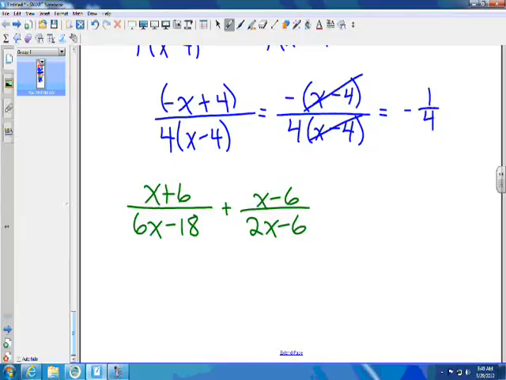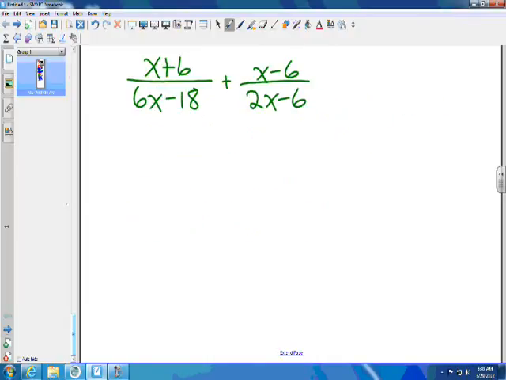What'd you do? Put the fraction on. Good. And we're done. All right. So we look at the bottom of the first one. Is there a common term there? So we take out the 6, and we're left with x minus 3.